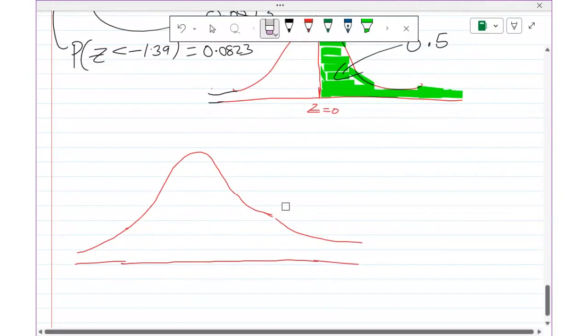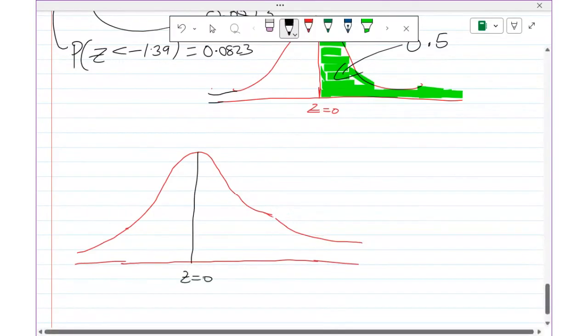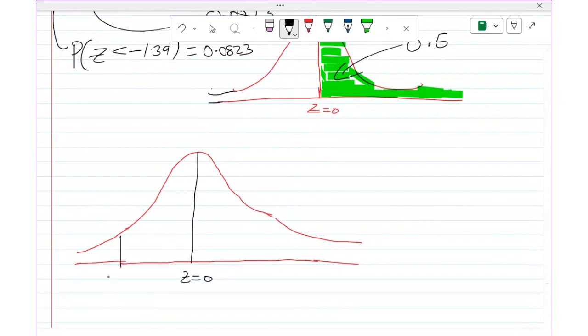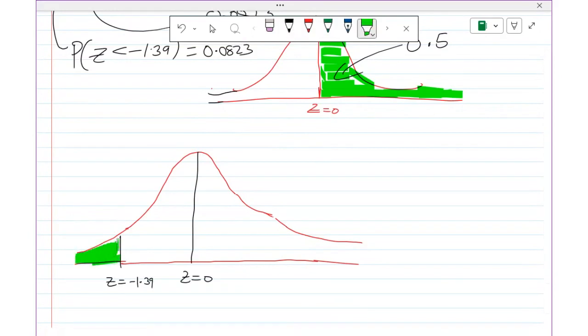So my question is, this is the center. The center is z equal to 0, or the mean is 0. And in the first part you found the area on the left side of minus 1.39. Exactly the same on the right, there will be the point 1.39. On the other side you have minus 1.39, and on the right side you will have 1.39. Now this diagram is symmetric.